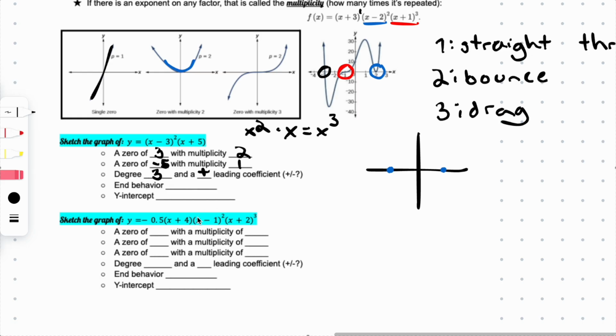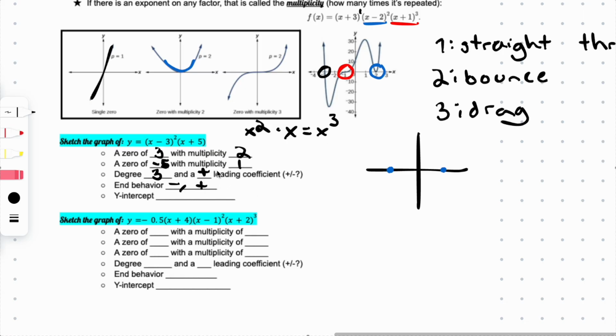I'll show you a little bit more about that idea in future problems. But essentially this means, since we have an odd degree and a positive leading coefficient, that our end behavior is going to be, as x approaches negative infinity, f of x is going to approach negative infinity.